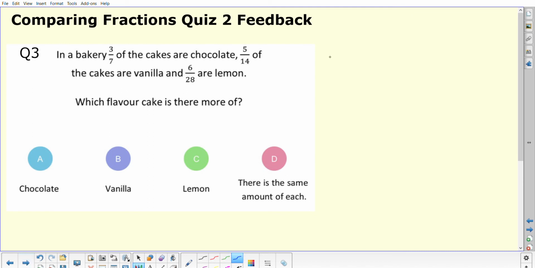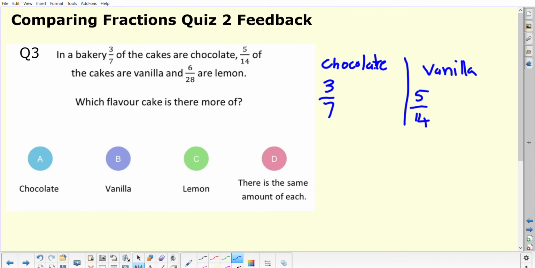3/7 of the cake in the bakery were chocolate. So we've got our fractions that we're comparing: 3/7, and for the vanilla cakes, the fraction that you're looking at there was 5 out of 14, and then the lemon cakes was 6 out of 28.